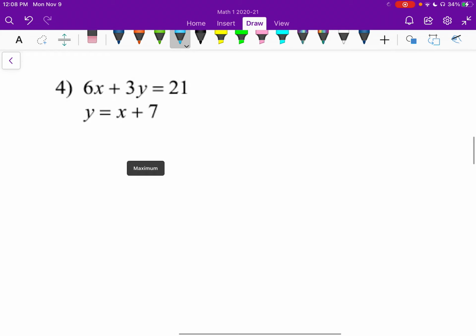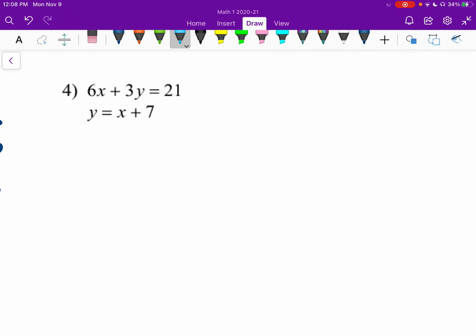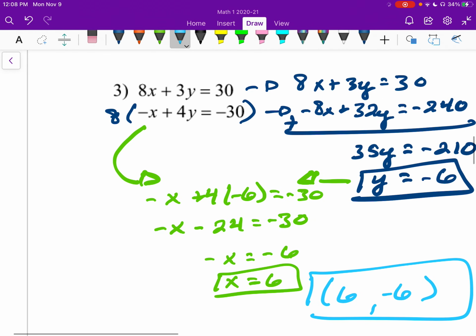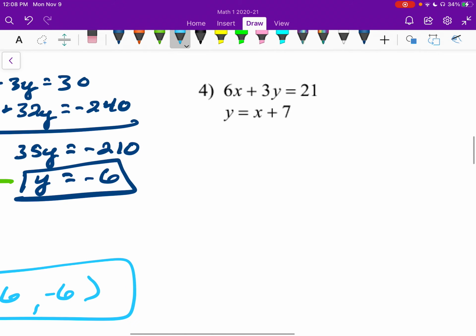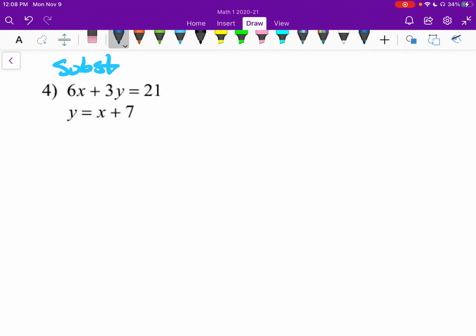All right, number 4. This one I've already got a y equals, so I'm going to go ahead and plug this in and use substitution. Let me write down what I did here. I did elimination on number 3, and this one I'm going to do substitution. Now, I don't know if I've said this already, but it doesn't matter which way you do it.